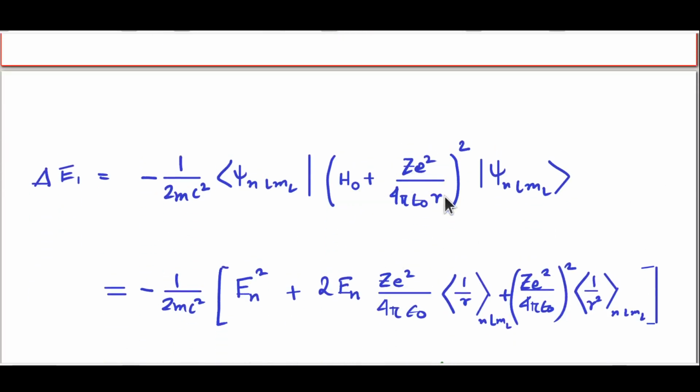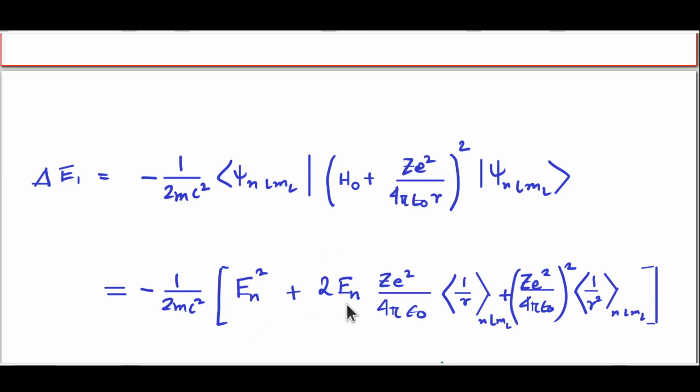When you open out this square, you get H0 square plus the square of this operator plus H0 times this operator plus this operator times H0. And when you take the matrix elements, or in this case the expectation value, in the state psi n L ml, you are immediately going to get En square from the H0 square.